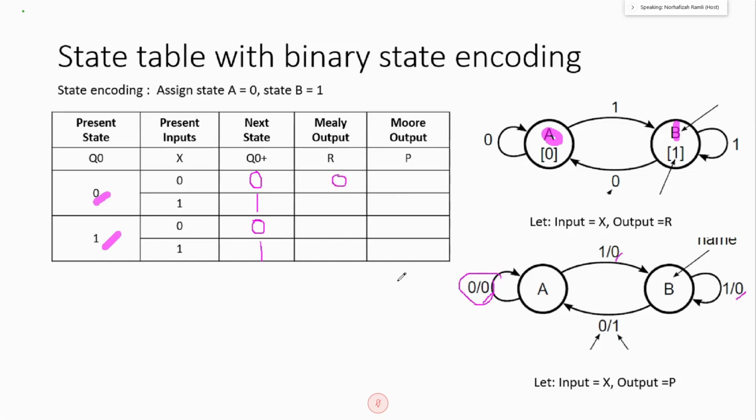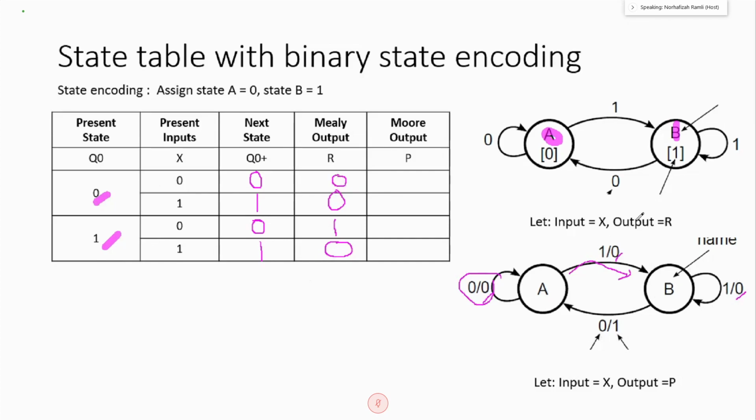When your X is 1, moving from here to here, your output is 0. You always refer to the present input. And from state 1, if your input is 0, your output is 1. So that's why you got 1 here. And if you are here and your input is 1, your output is 0. That's how you fill up your Mealy output.